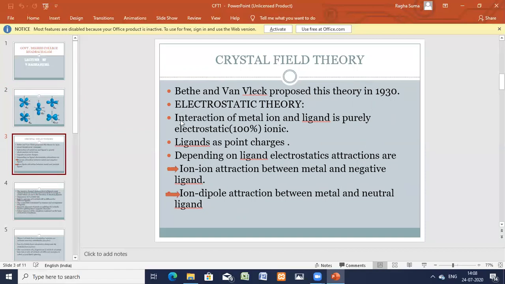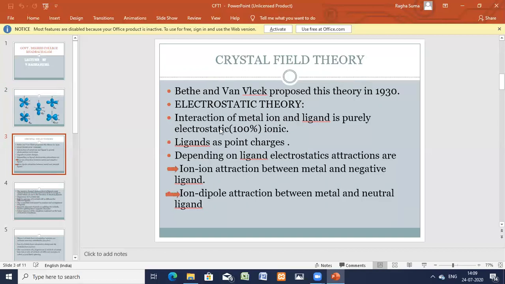So the interaction between the metal ion and the ligand is purely electrostatic. It means that the metal acts as a cation and the ligand acts as an anion or a neutral species. Completely by electrostatic attraction, the interaction between these two is just like between ions, the positive ion, cation, and the anion.